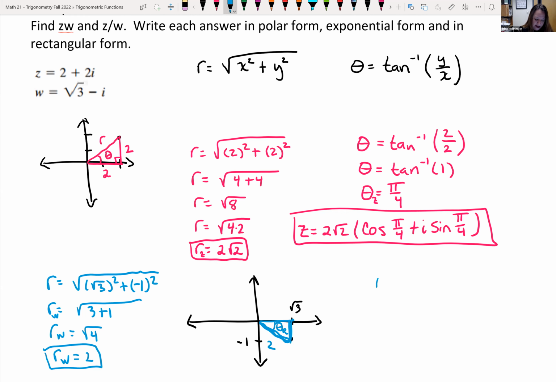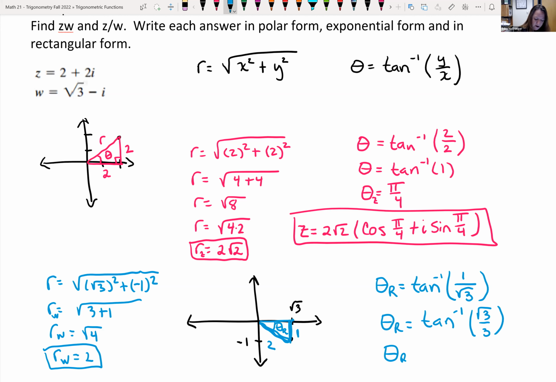So I know that theta sub r, my reference angle of my triangle, is tangent inverse of my opposite, which is 1, over my adjacent, which is root 3. Rationalizing my denominator, I know I get root 3 over 3.